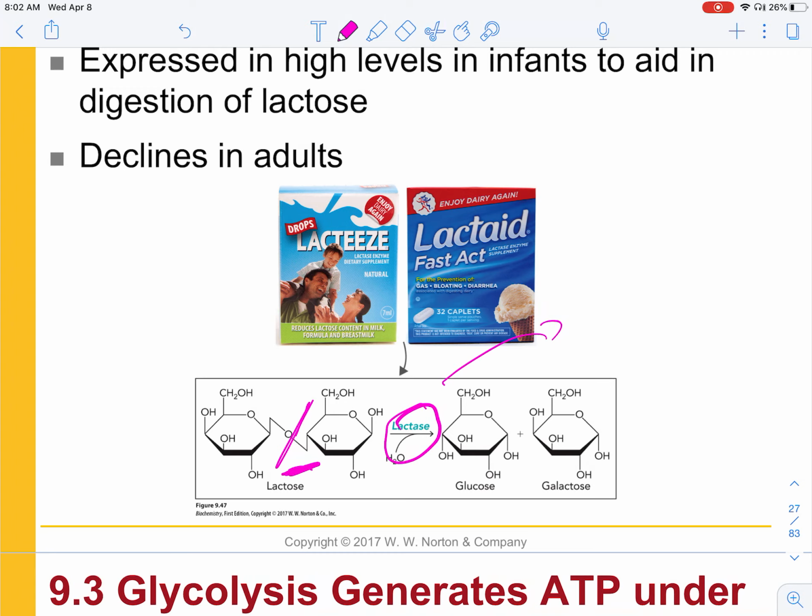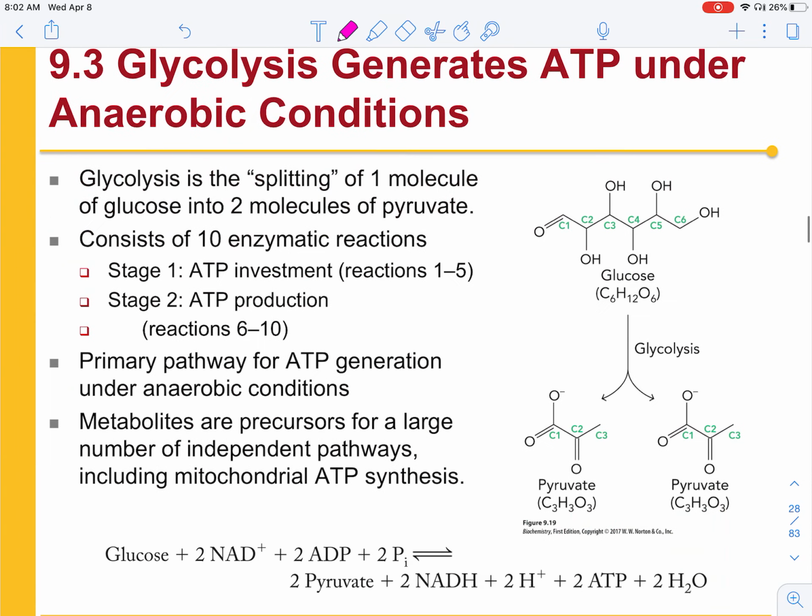For those of us who are lactose intolerant, it is because we lack this enzyme. And so we can take something like Lactaid, which has pre-broken down the lactose, so that we can extract that energy and bacteria don't have it, or obviously just avoid dairy, right?